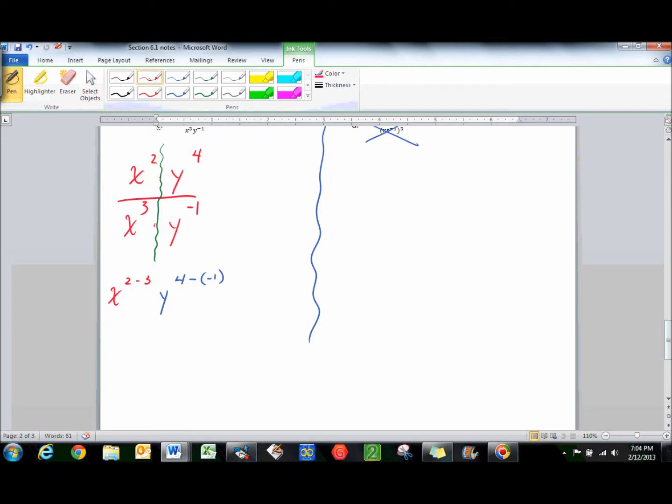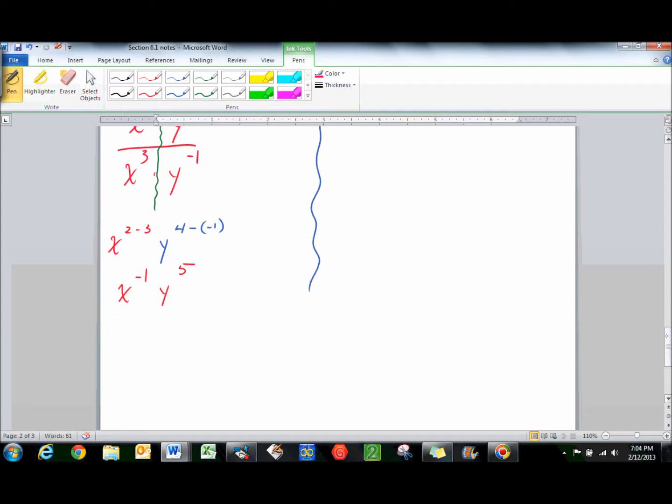And this is going to leave me x to the negative 1, y to the positive 5. Now, if you recall, we need to take this variable with the negative exponent and bring it down underneath. So our final answer is going to be y to the 5th left on top and x to the 1st on bottom, and of course the first power is understood.